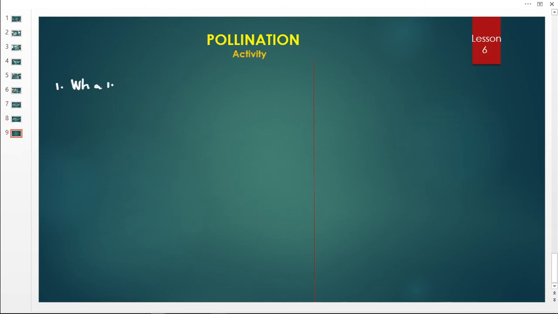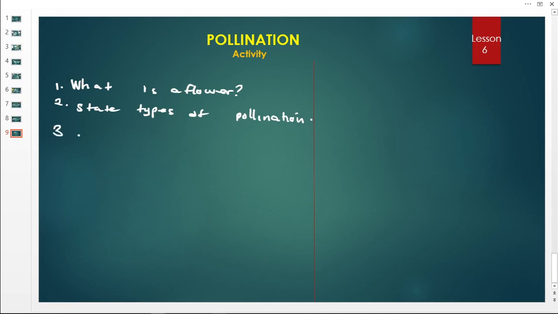What is a flower? Number 2, state the 2 types of pollination.